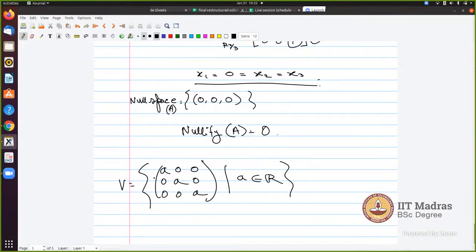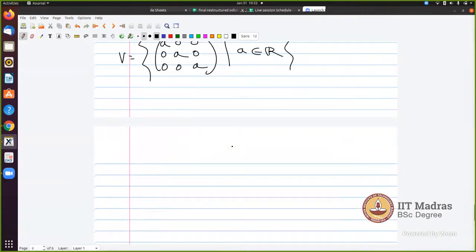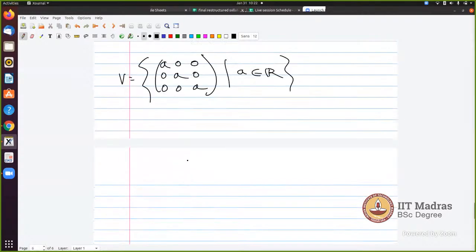Now I have to find a basis for this vector space. There is only one free thing, a. I am putting 1 over there.